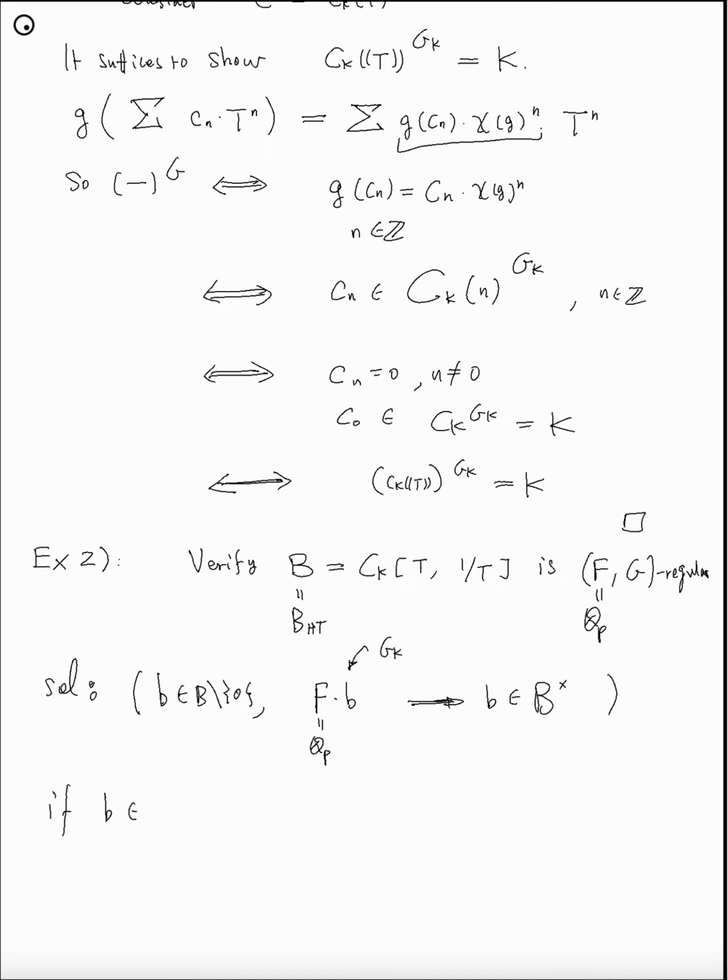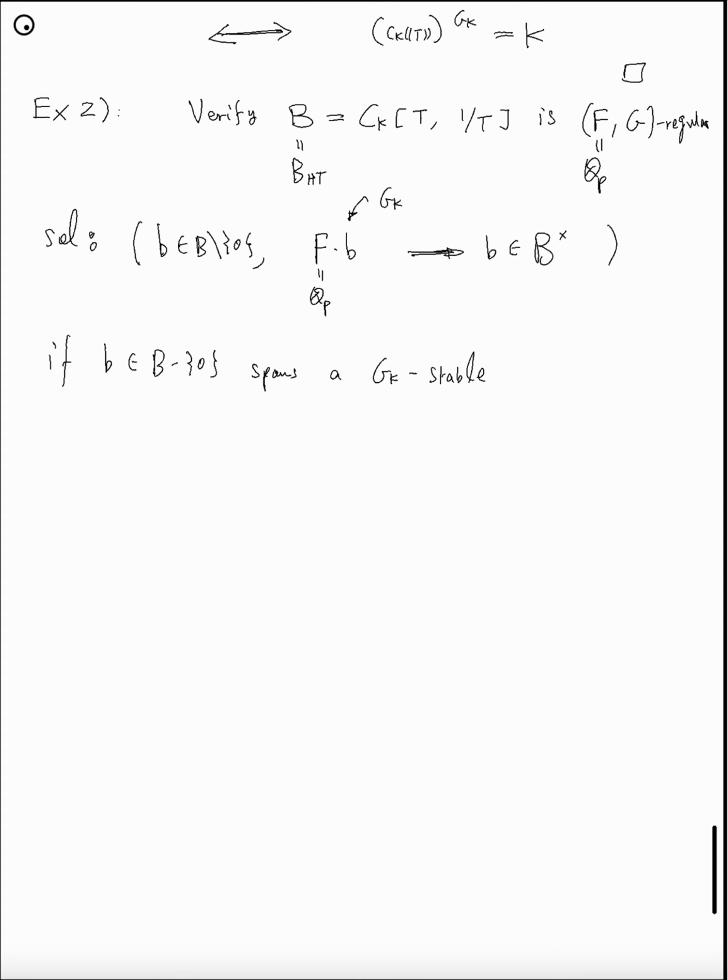If we have small b that spans a JK stable QP line, then JK x on the line QP b by some checker.